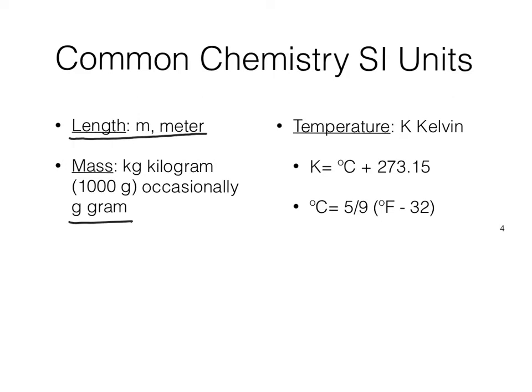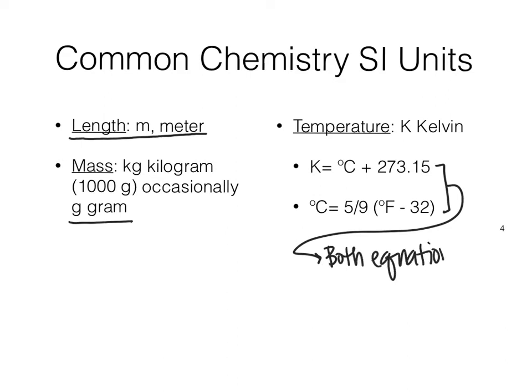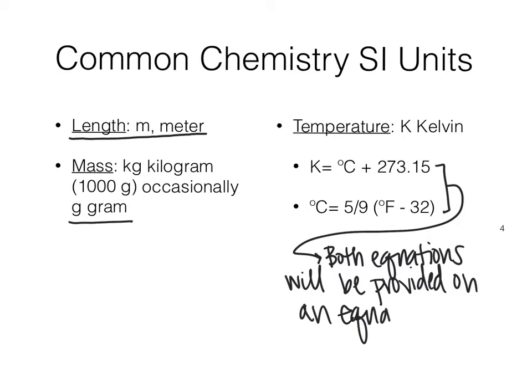And we can use either of these equations in order to do that. Both of these equations will be provided on an equation sheet, so you don't need to memorize these.